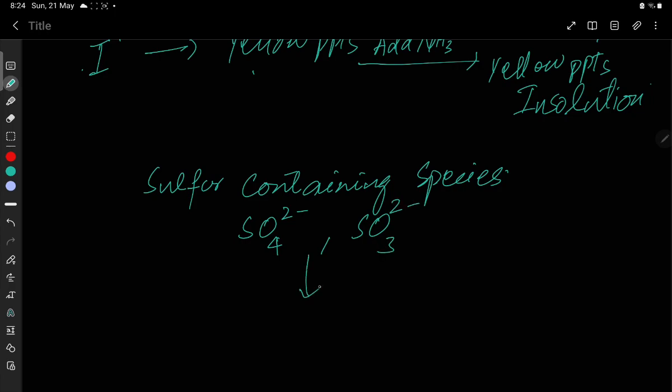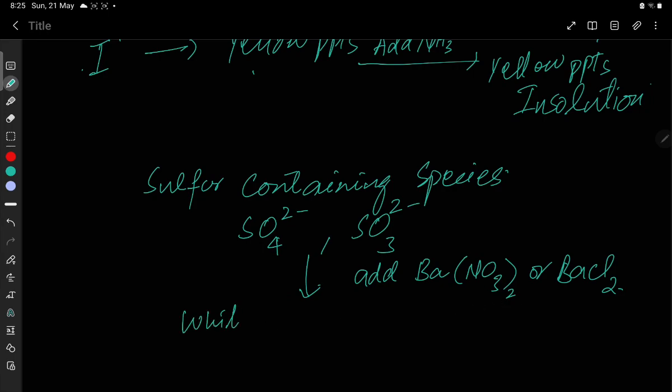If the test written is add barium nitrate or barium chloride, it must be for sulfate and sulfite ion test. So if we add barium chloride, white precipitates are formed.